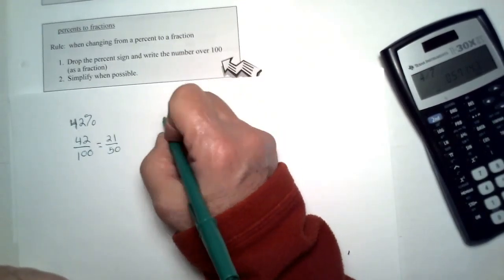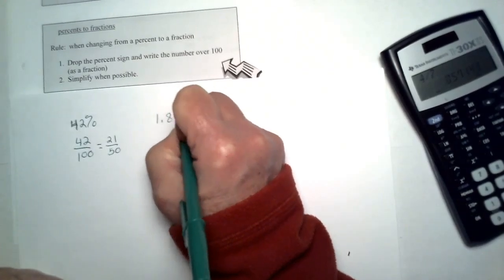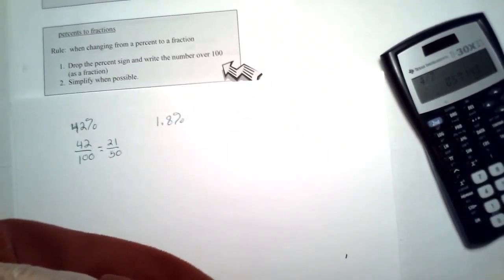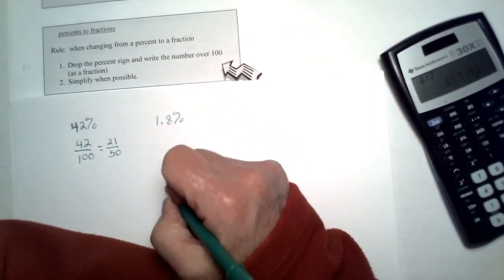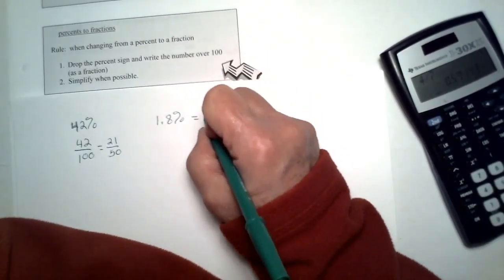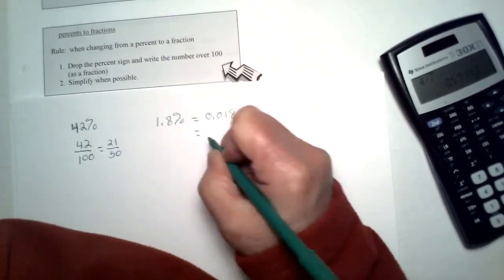If I had 1.8%, that's 1.8 out of 100. Why don't we change that over to a decimal first? I think it'd be a little bit easier. If I move the decimal point 2 places to the left, it's 0.018.